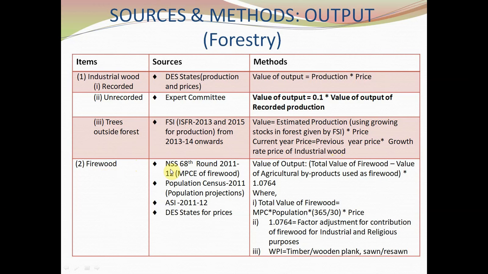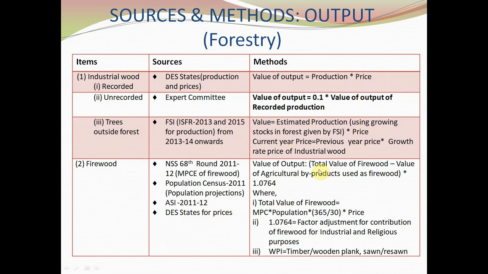Then firewood. For this, sources are NSS 68th round 2012, monthly per capita expenditure of firewood, population census 2011 for population projections, annual survey of industries for 2011-12, and Directorate of Economics and Statistics of states providing prices.